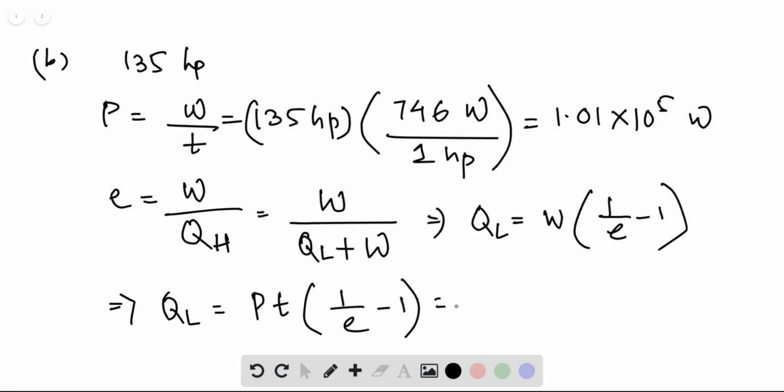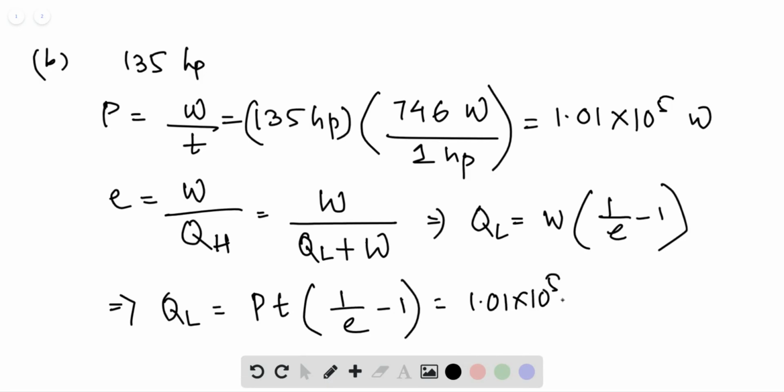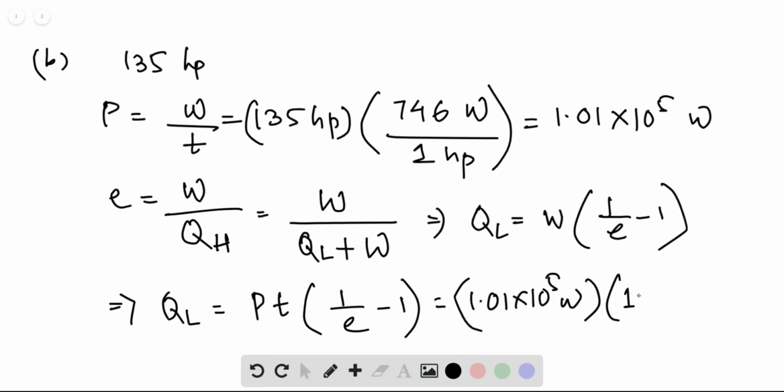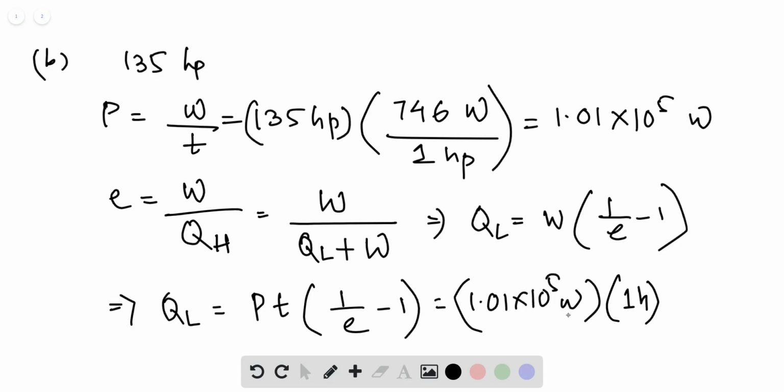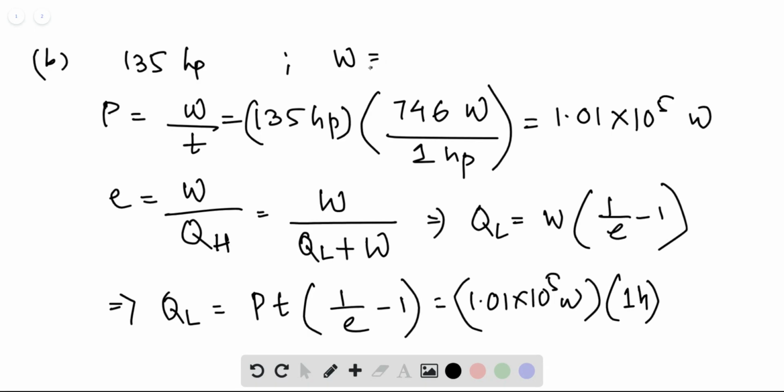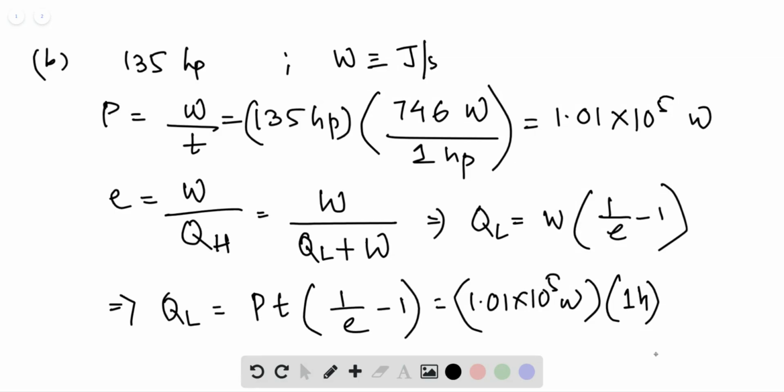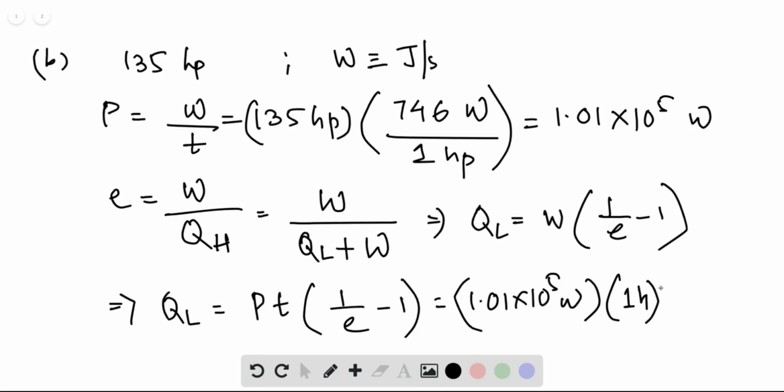Now it's time to substitute the values. So we have power, and then the time is 1 hour, and since the power is in watts, and watts is actually joules per second, we should have the time in units of seconds for our units to be consistent.